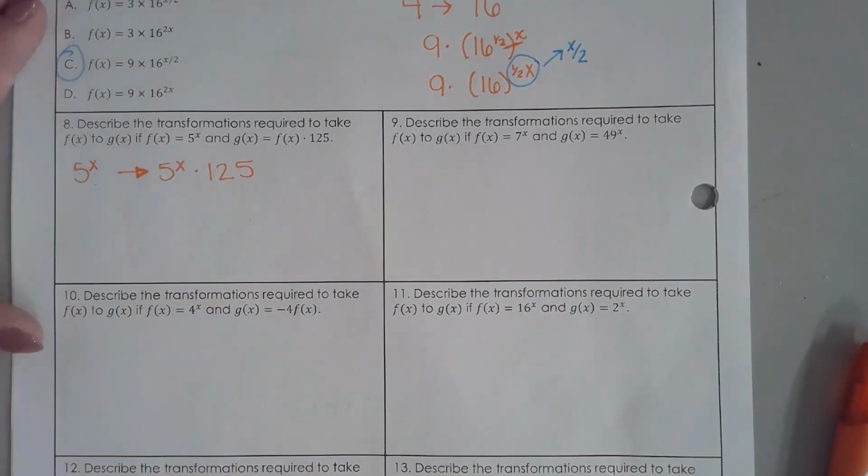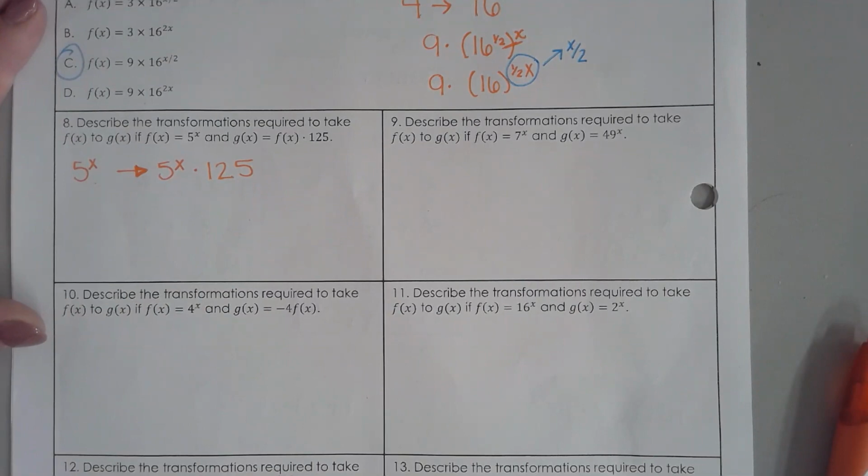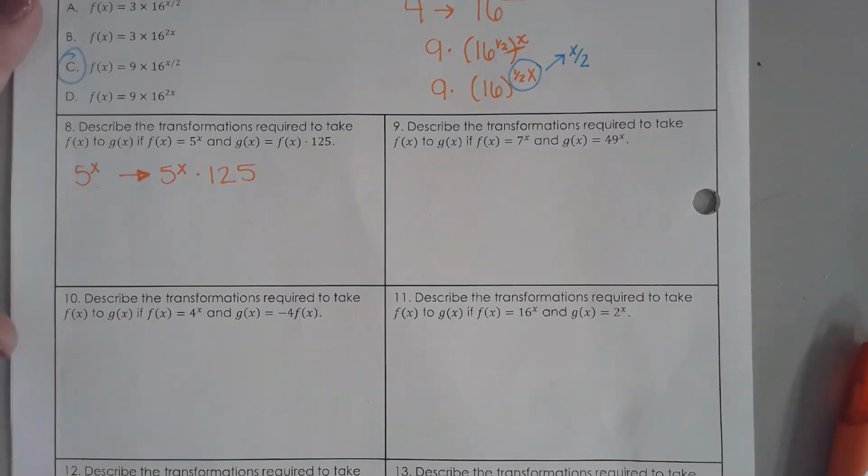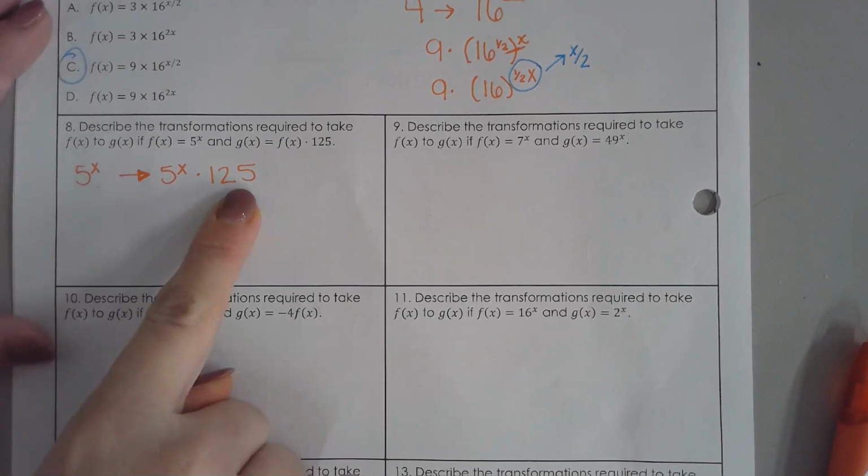125, is there another way you could possibly write that that has a base of 5? Five cubed. Yeah. 5 times 5 times 5 is 125.